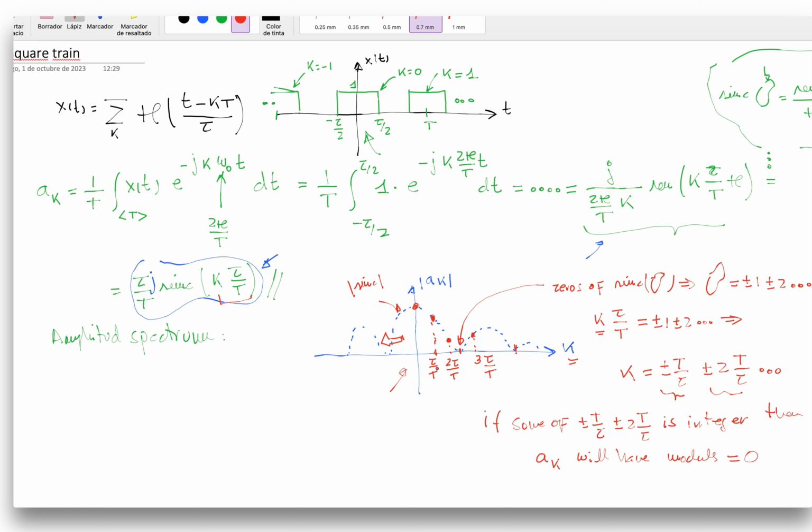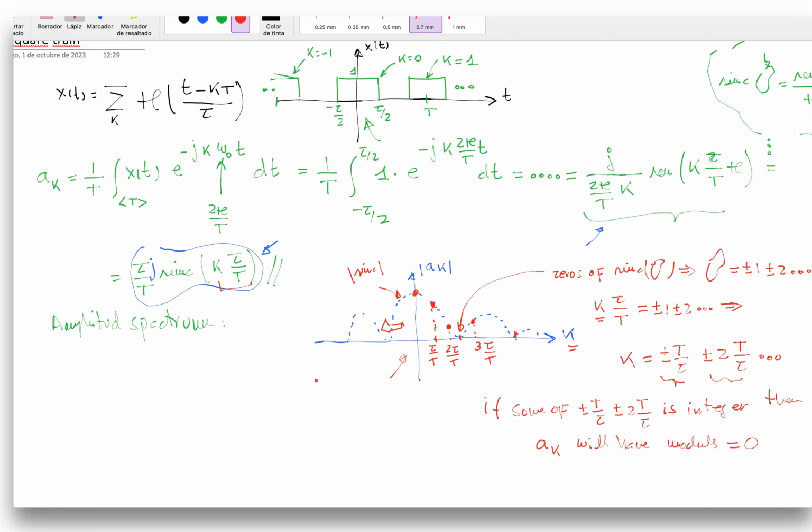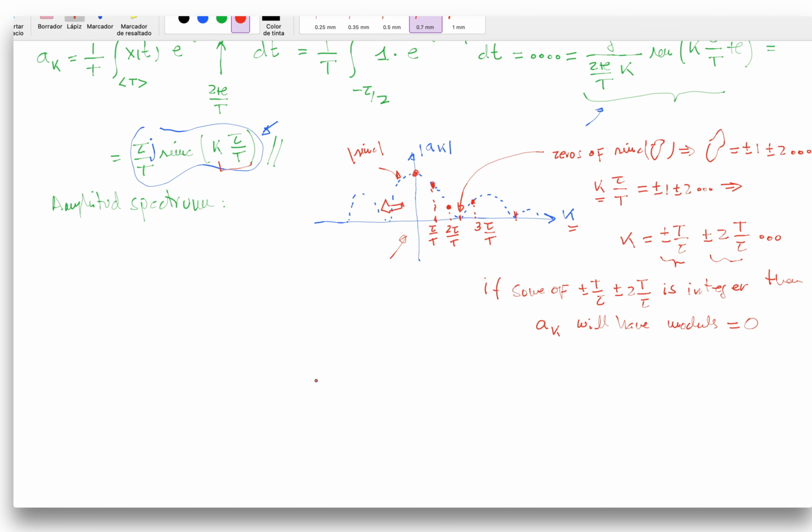But let's move a little bit further in this exercise and see what happens.